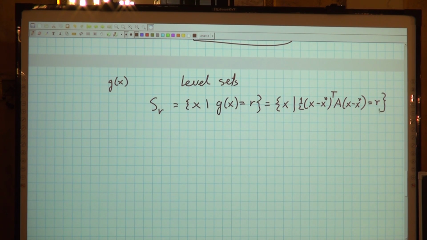But what is this equation corresponding to? Does anyone see? Yeah, it's exactly an ellipse, centered at x star, with principal axes given by the eigenvectors of A and its eigenvalues.